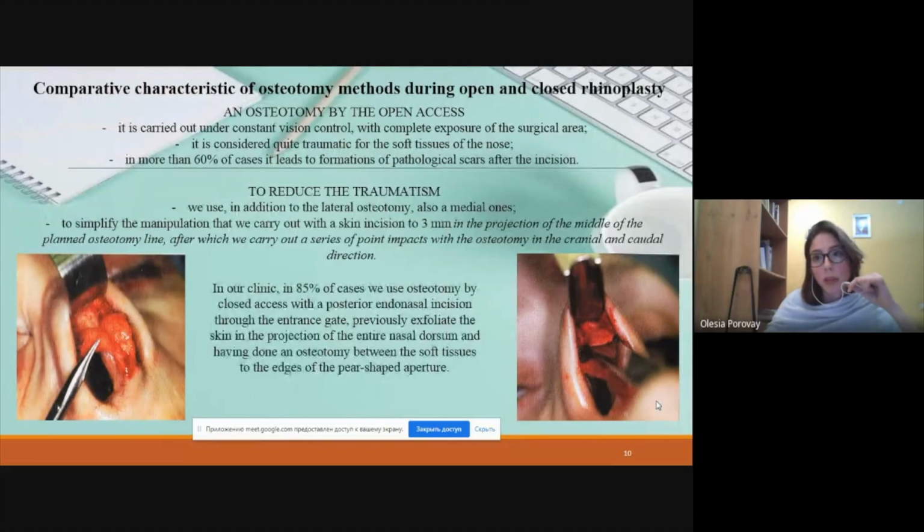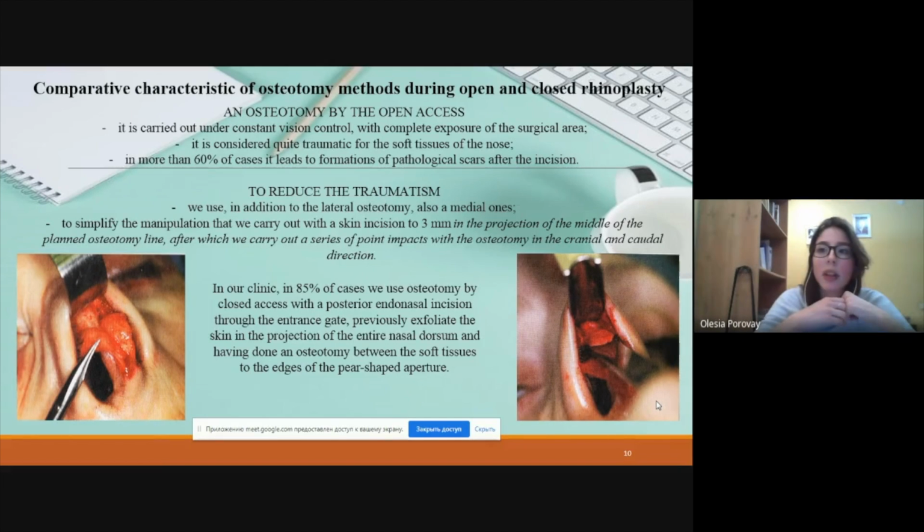Osteotomy. Nowadays, it's very popular to change the length of the nose, and it's connected with the width at the base. Particularly, it can be achieved by lateral osteotomy with open or closed access.